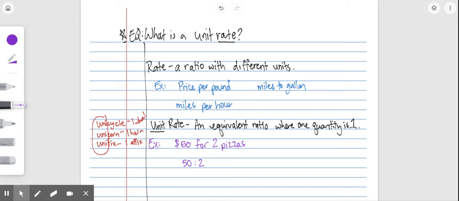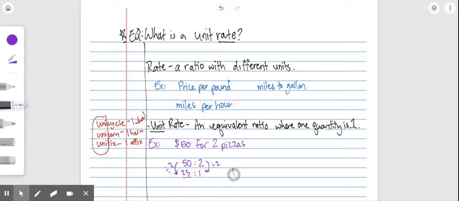So I want to know, how much do I pay for 1 pizza? So my equivalent ratio, or my unit rate, is going to be how much I pay for 1. So I need to figure out how to do this. If I have $50 for 2 pizzas, how many dollars for 1 pizza? Well, I can divide 50 by 2 and get 25.